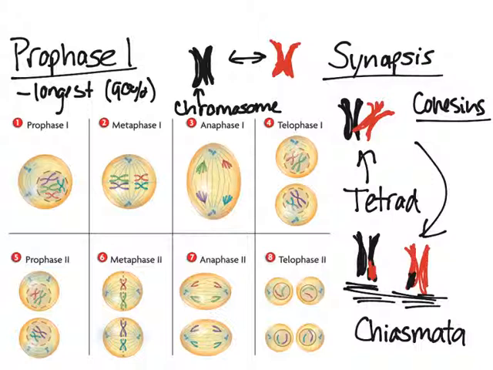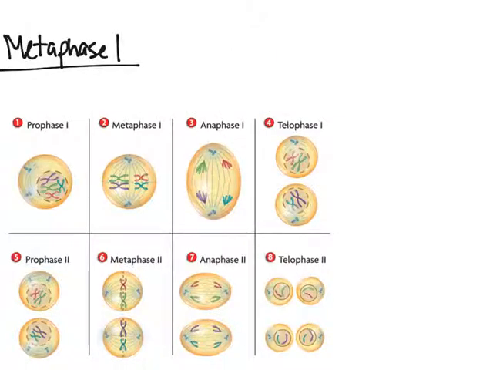And so now let's talk about metaphase. So I'm going to clear this. And so metaphase is pretty straightforward. The homologous chromosomes, let's say we still had the recombinants there, line up on the plate, the imaginary metaphase plate, and that's pretty much it.